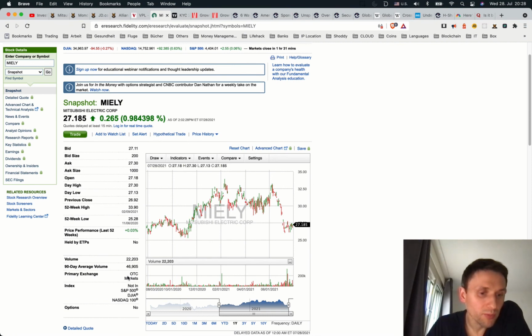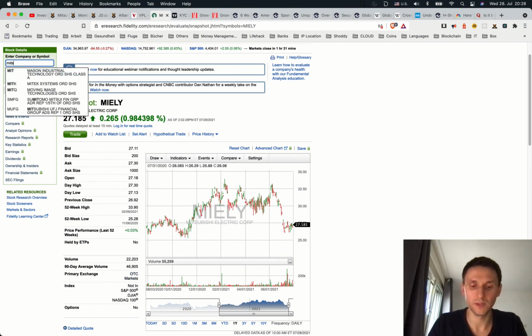And also the primary exchange is OTC and not Nasdaq or NYSE. So it means this ADR is only available through OTC markets.